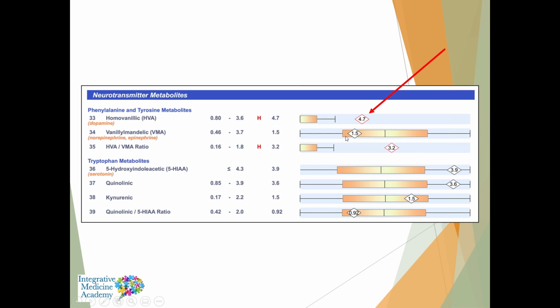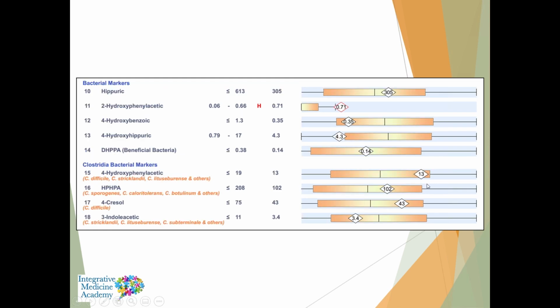But we do have an elevation of homovanillic under the neurotransmitter section. Increased homovanillic is indicative of high dopamine. Now, a very common scenario of why homovanillic can be high is the presence of Clostridia bacteria. But this individual doesn't have any Clostridia bacterial toxins known to inhibit the dopamine converting enzyme.